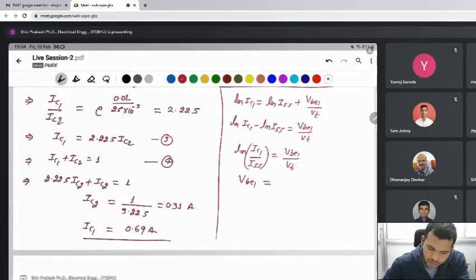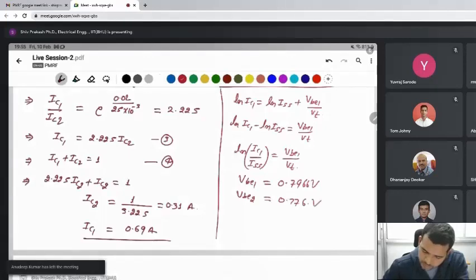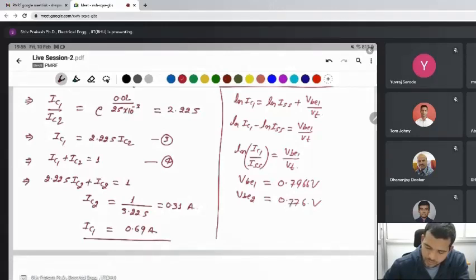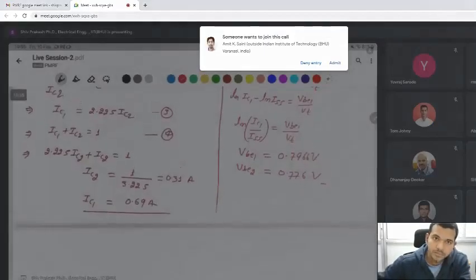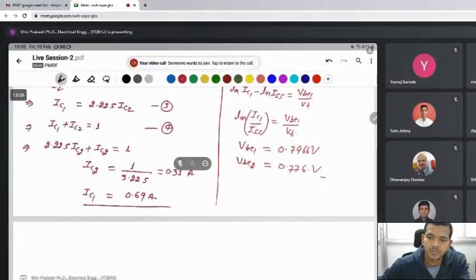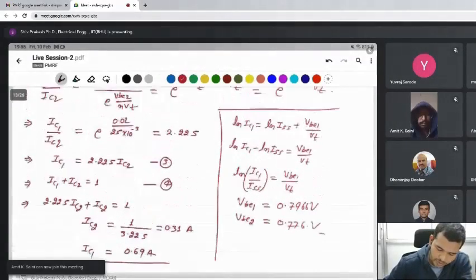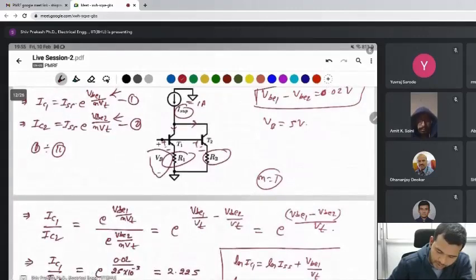You can find this value by multiplying by VT, which gives 0.7966. The same thing applies for VBE2. Once you find VBE1 and VBE2, you apply KVL here.